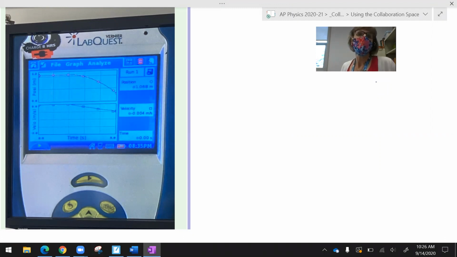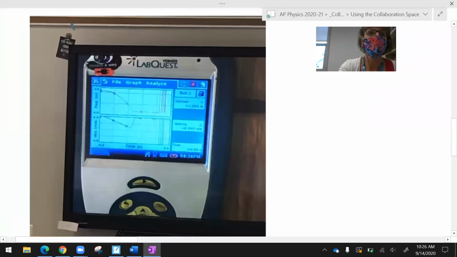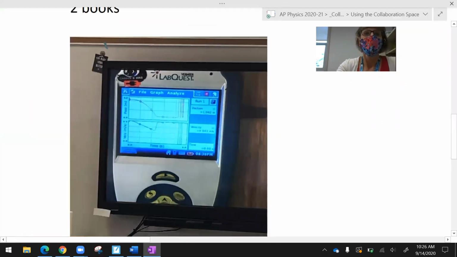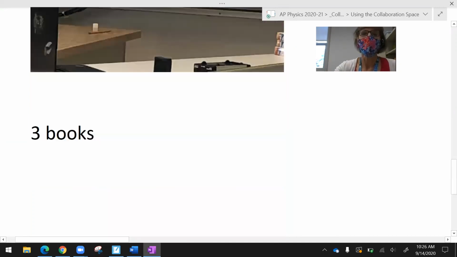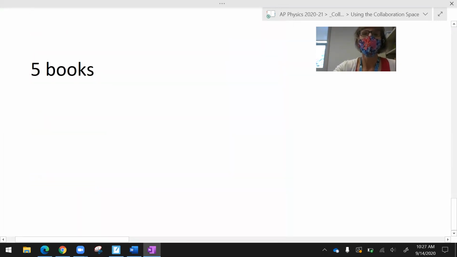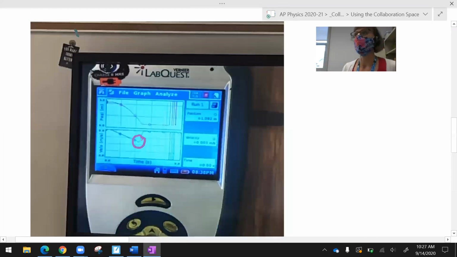Even if we just look at these graphs, here's the first graph, and you can see where the final velocity is. We'll make this one bigger too. As we add more and more books, what's happening to the final velocity?